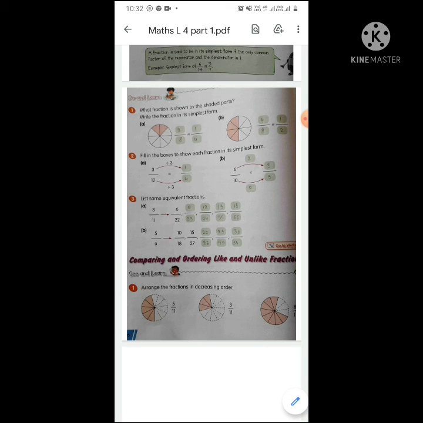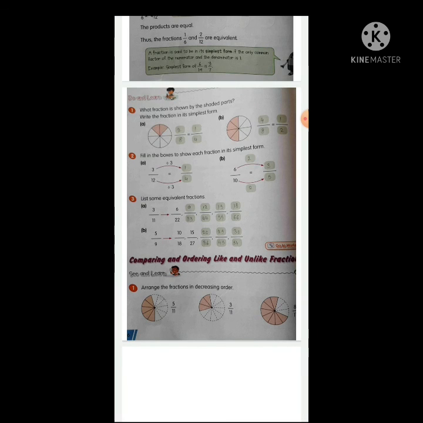Now see the third one, list some equivalent fractions, means equal fractions. How will we do equal fractions? 3, 6. So we are going to write here 9, 12, 15, 18, then 11, 22, 33, 44, 55, 66, means it is like a pattern.